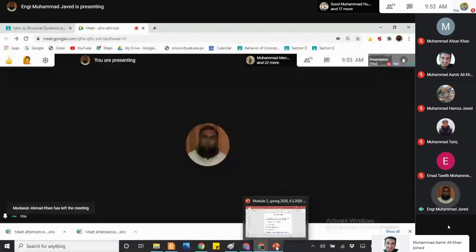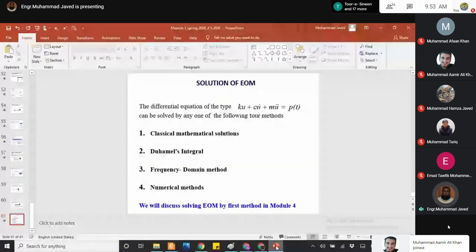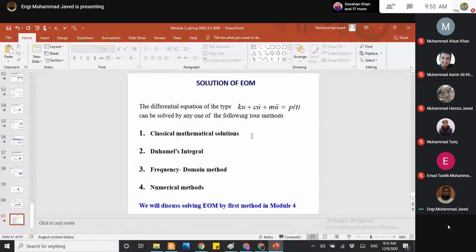And there are various methods for solving the equation of motions. The first one is classical mathematical solutions, and we will use this method, classical mathematical solutions.